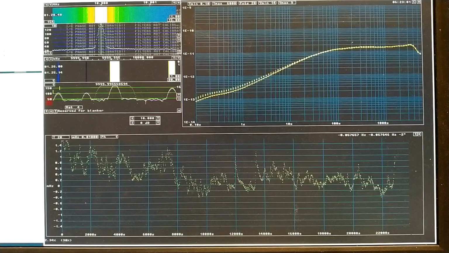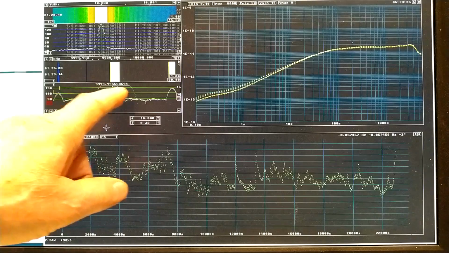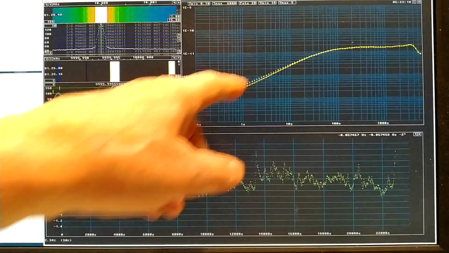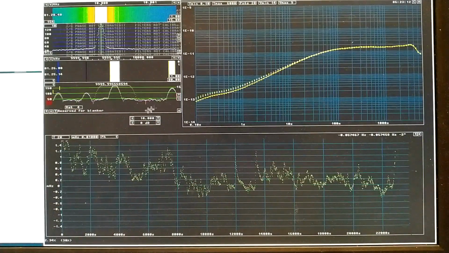Here I'm using the UADC4 sound card, and I have had to set a narrow filter here, which means I have filtered out the noise in the 1 second region and shorter. But what I'm interested in is what happens to the frequency.